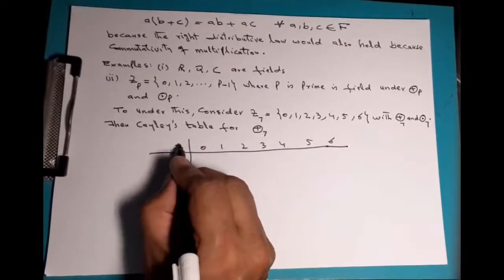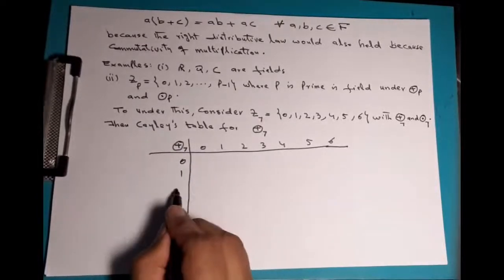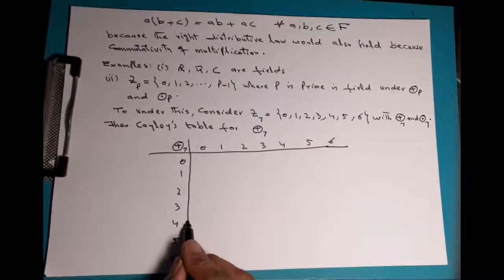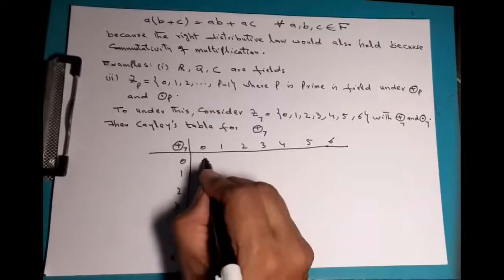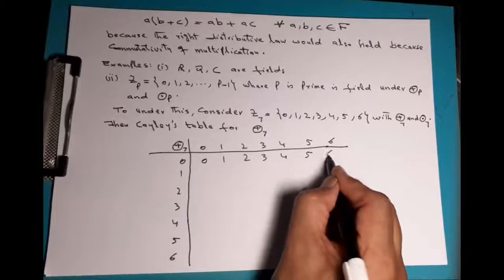This is addition modulo 7. And then 0, 1, 2, 3, 4, 5 and 6. And you know the table. This is 0, 1, 2, 3, 4, 5, 6.